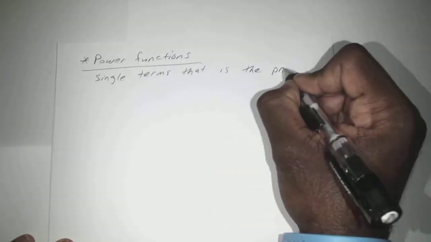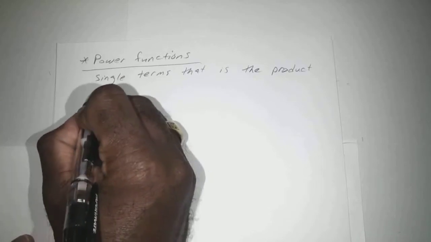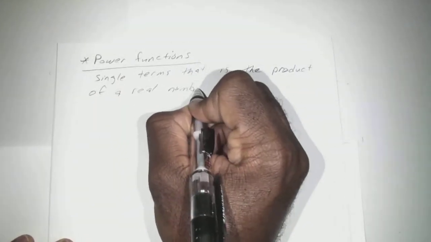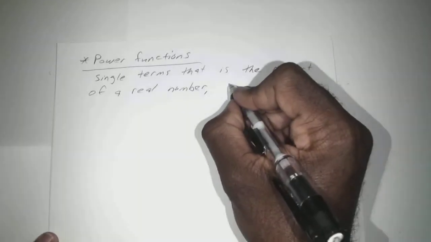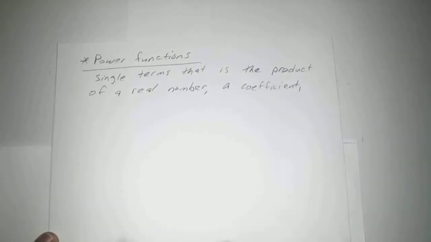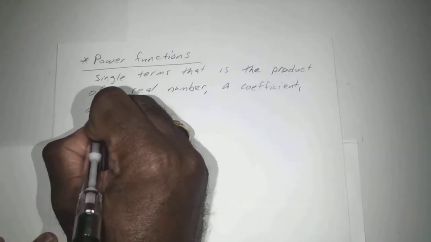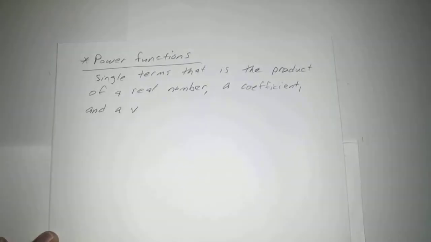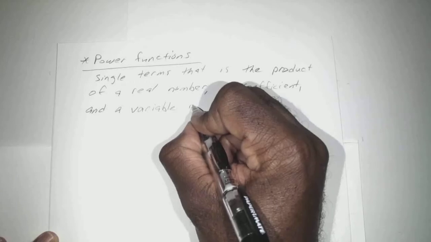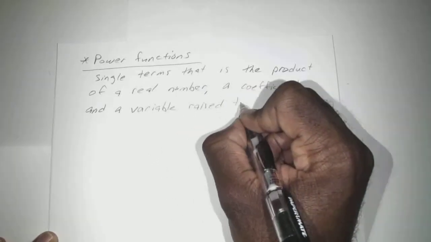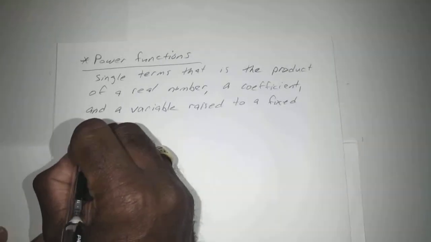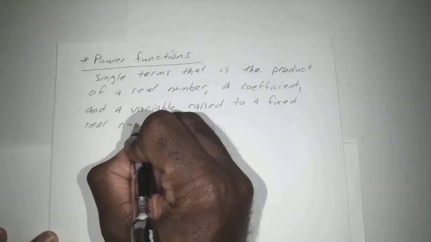That is the product of a real number, a coefficient, and a variable raised to a fixed number. Well, a fixed real number to be specific.